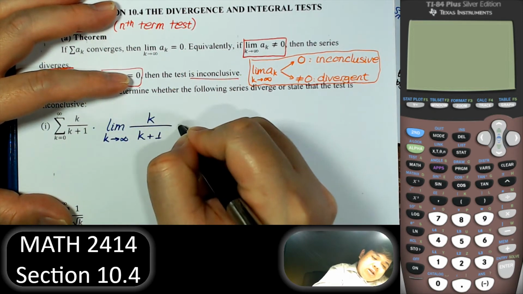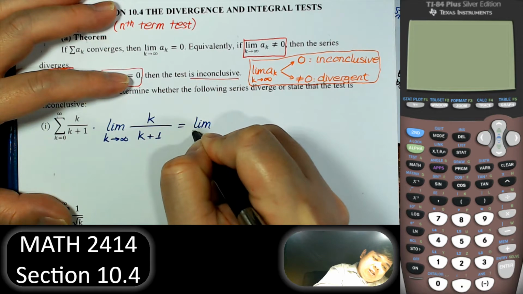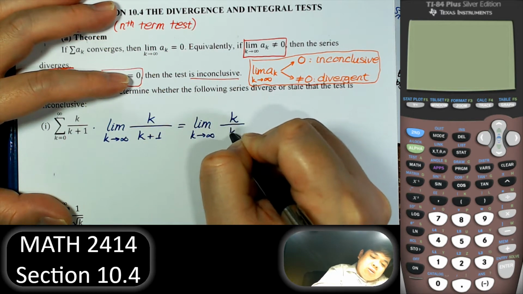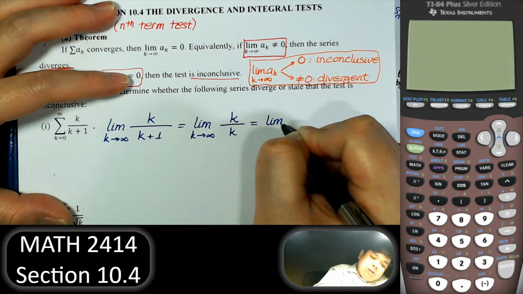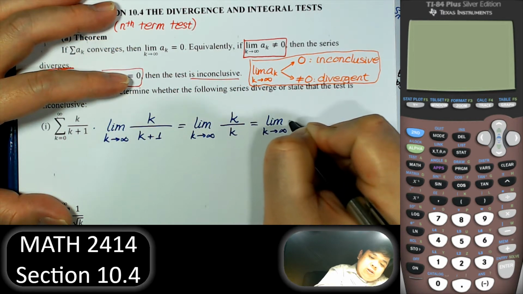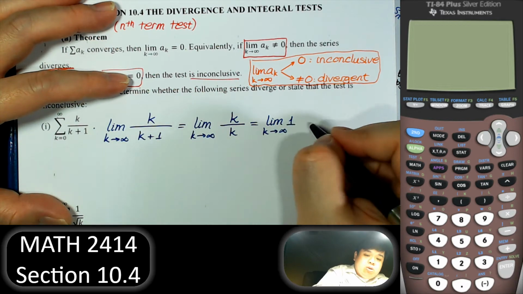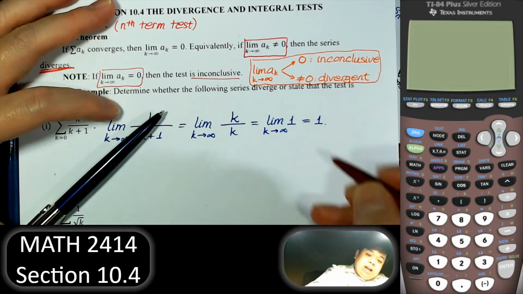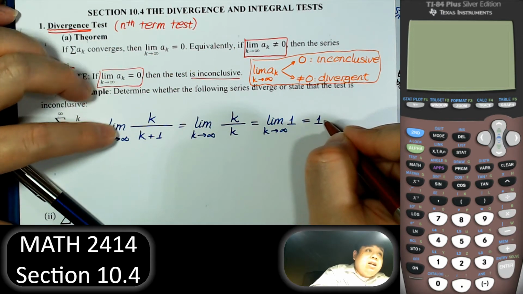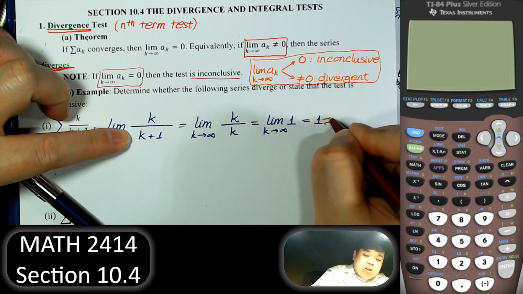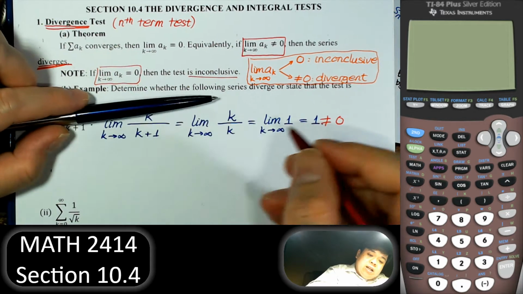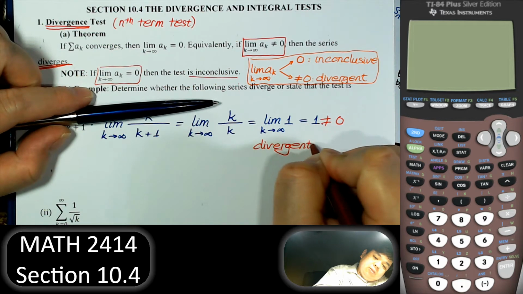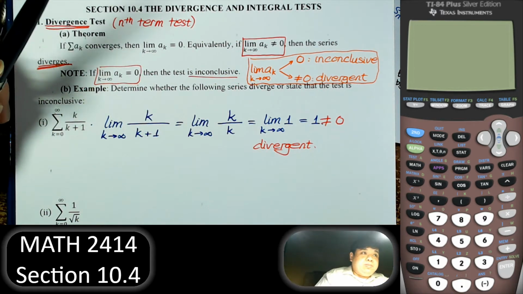So we just take the limit here: the highest power on the top over the highest power at the bottom. The k cancels out, it is 1, and that equals 1. Now, if as k goes to infinity the sequence is not equal to 0, then it is divergent. So the series is divergent.